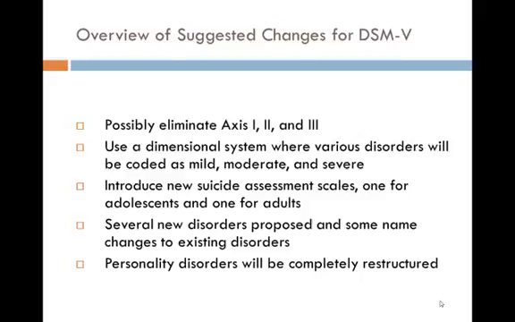They're looking at introducing new suicide assessment scales, having one specific to adolescents and another one specific to adults. There are several new disorders that will be proposed and some name changes that will be incorporated as it relates to some of the existing disorders. Additionally, personality disorders will be completely restructured and better operationalized.